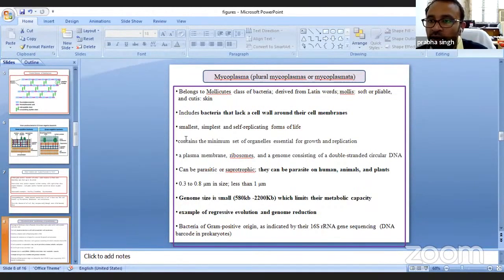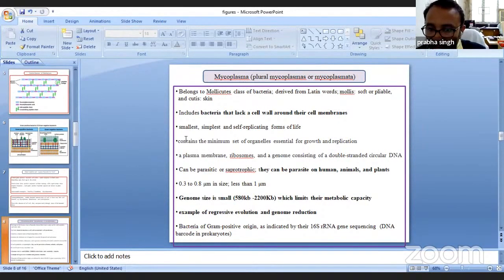Instead of synthesizing on their own, they have reduced their genome and depend upon the host for the deficiencies they have. So they are of gram-positive origin, as indicated by their 16S ribosomal RNA gene sequencing.